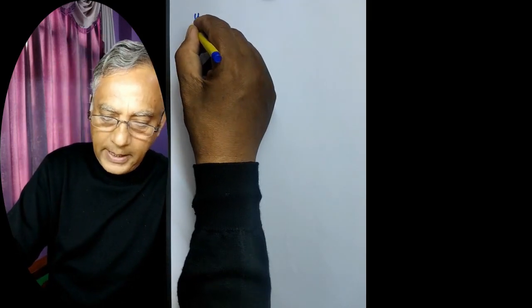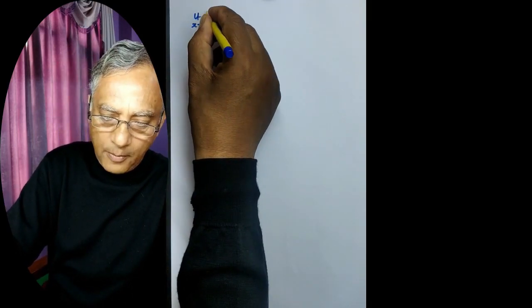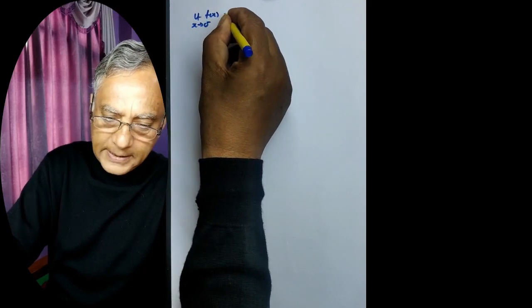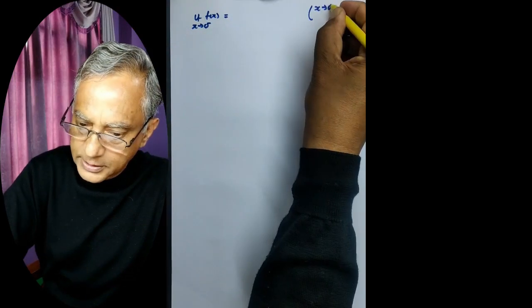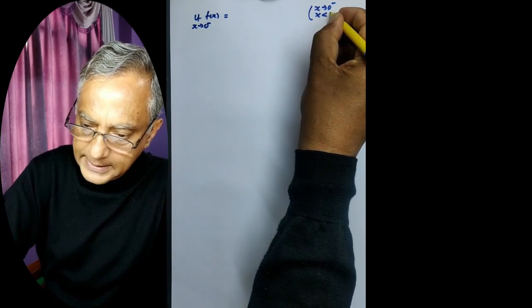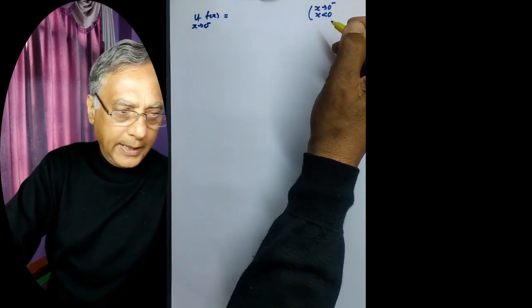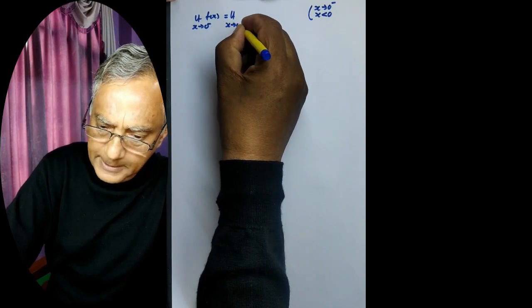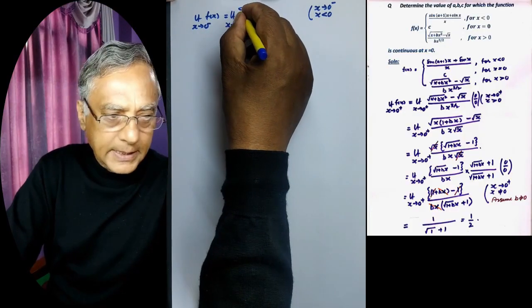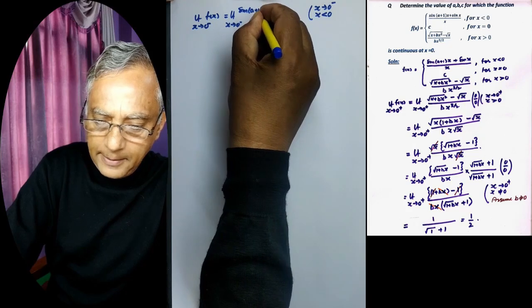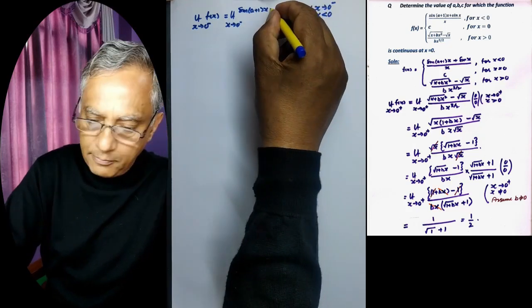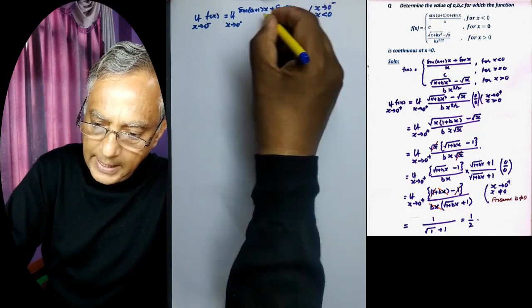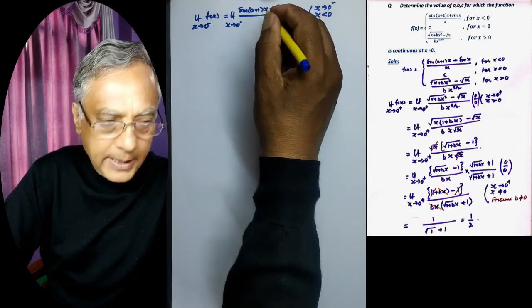Now limit x approaches 0 from the negative side, f(x) is equal to... x approaches 0 from the negative side means x is less than 0. And therefore the definition of the function that will be used is f(x) equal to sine of (a plus 1)x plus sine x, whole divided by x.